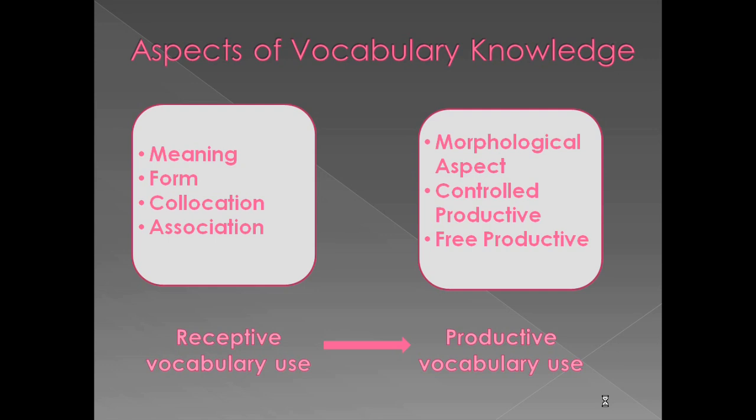For example, accept is a verb, and the student will have the ability to change it into a noun, say acceptance. And the other two types of knowledge that I'm going to measure productively are controlled productive and free productive knowledge. These two concepts are defined by Laufer in 1999.